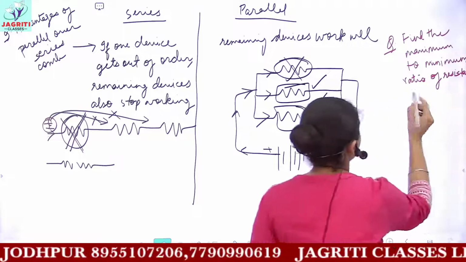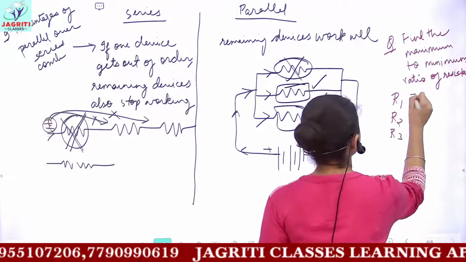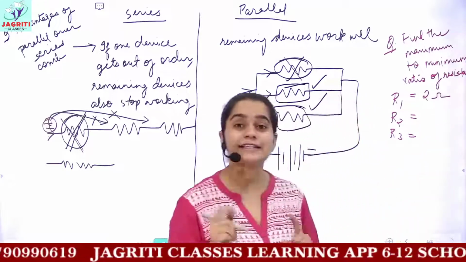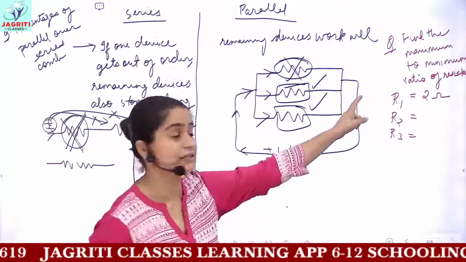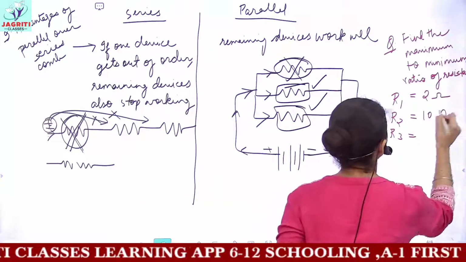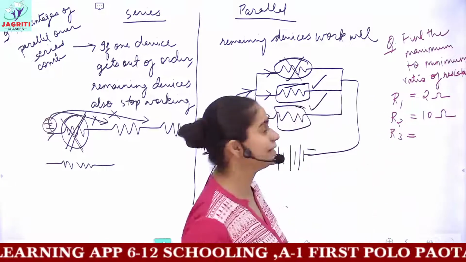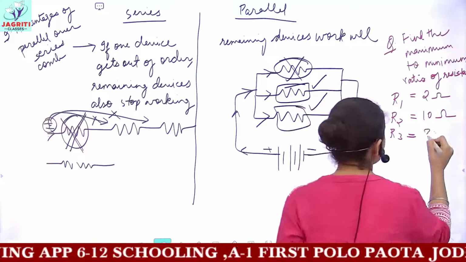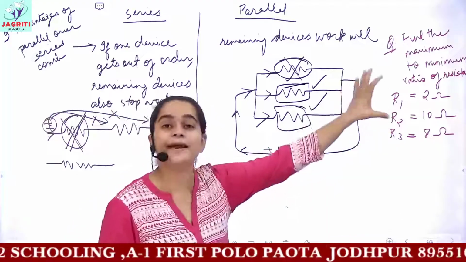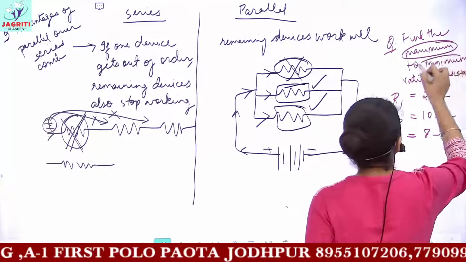You will be given 3 resistances. I already told you the SI unit of resistance is ohm. So one resistance R1 is 2 ohm, then you have a 10 ohm resistor, and a third resistor of, let's suppose, 8 ohms. Now you have to find the effective resistance. So it is given, find the maximum and the minimum resistance.